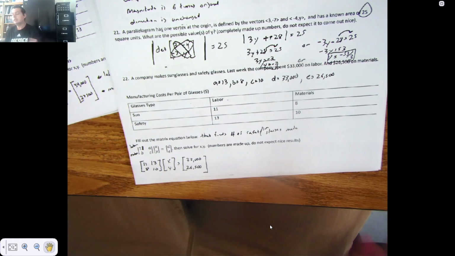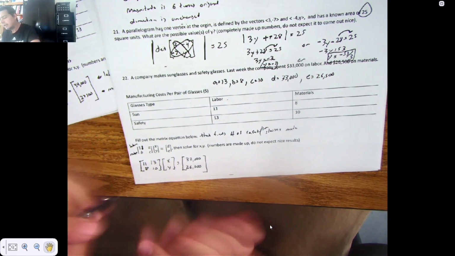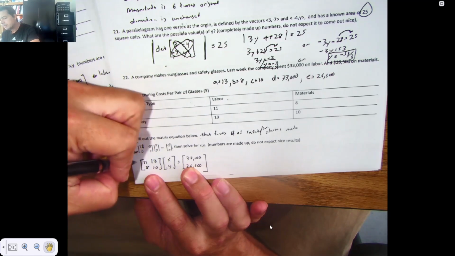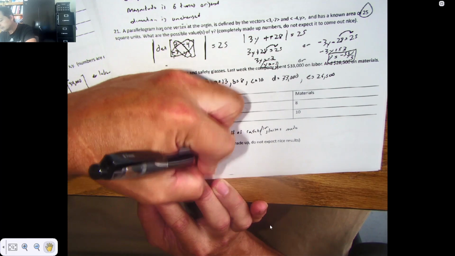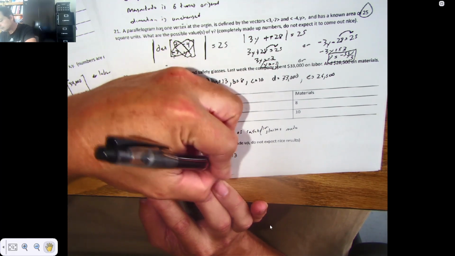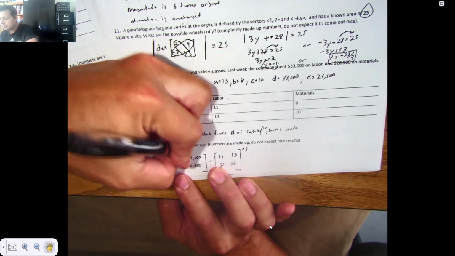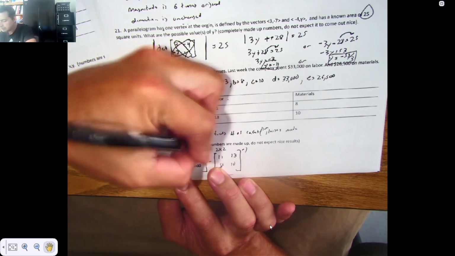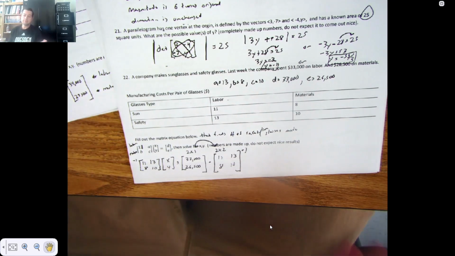Now, to get this matrix right here, I have to multiply both sides by the inverse of this guy. Now, order does matter because this is a 2 by 1 and this is a 2 by 2. So when I do it in a calculator, I'm actually going to swap them around, because order matters.